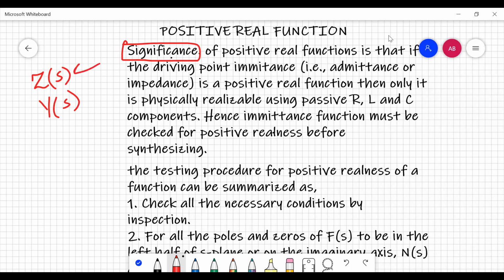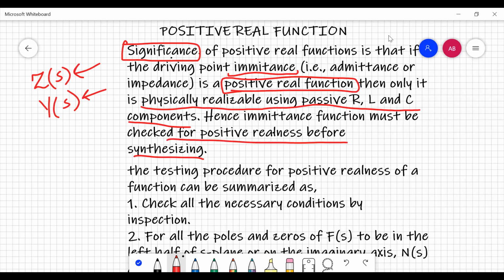Whether it is your impedance function or your admittance function, we collectively call it an immitance function, and it can only be realized physically if it comes out to be a positive real function. If it does not, then we cannot synthesize the given circuit. So every immitance function should be checked for positive realness before synthesizing.